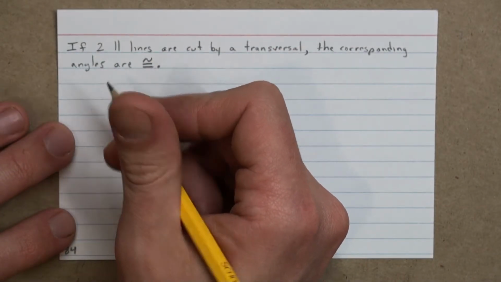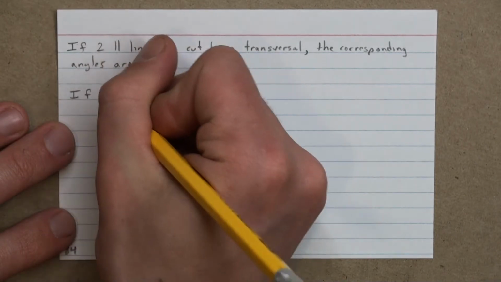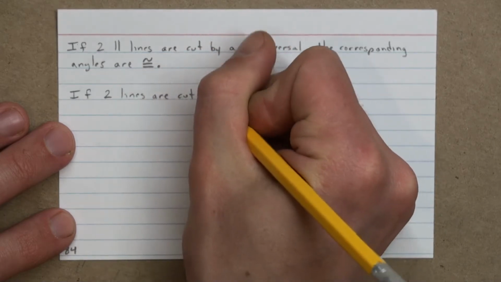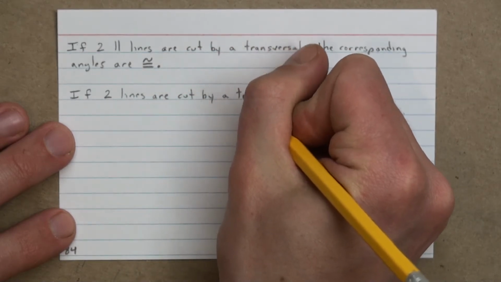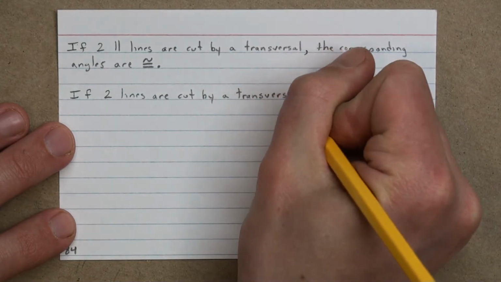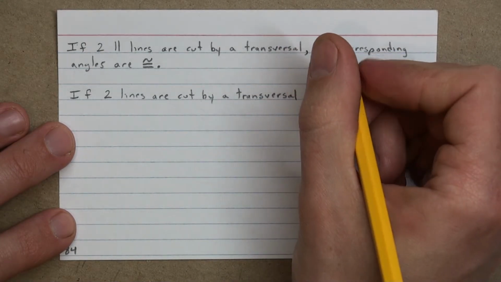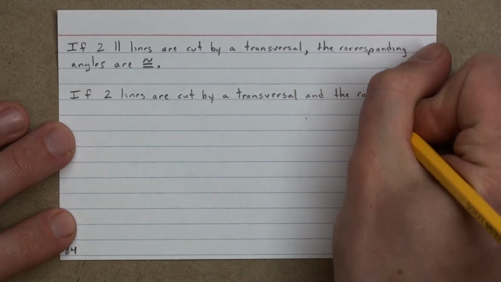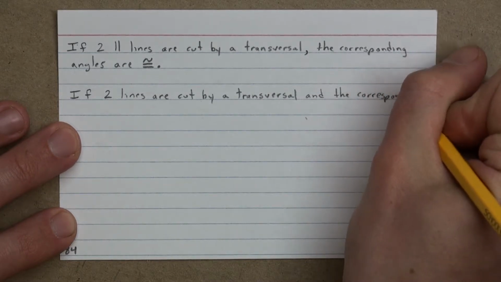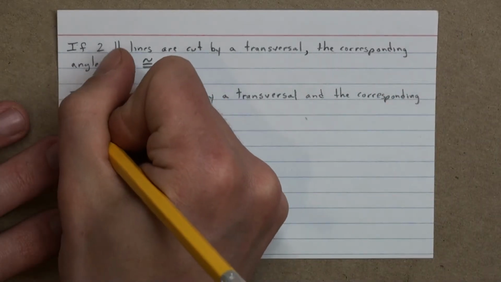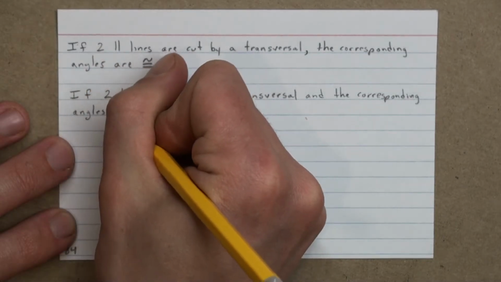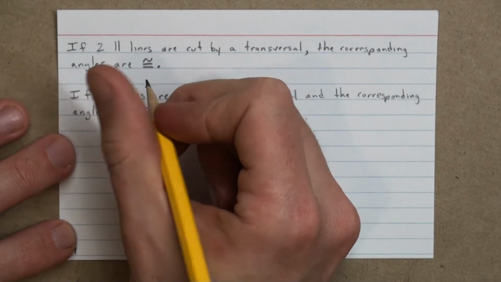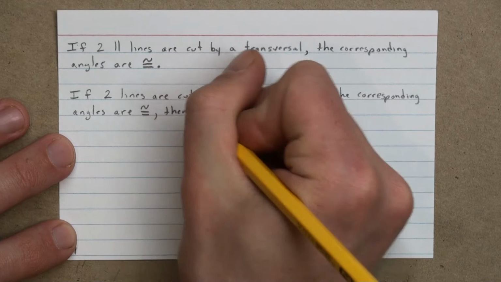If two lines are cut by a transversal, and the corresponding angles are congruent, comma, then the lines are parallel.